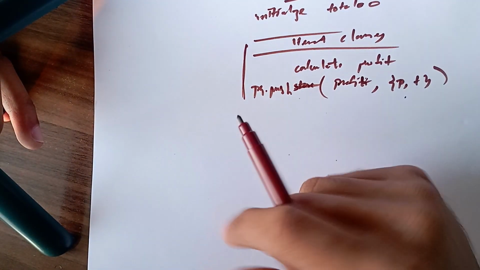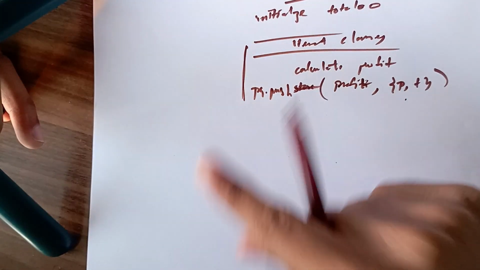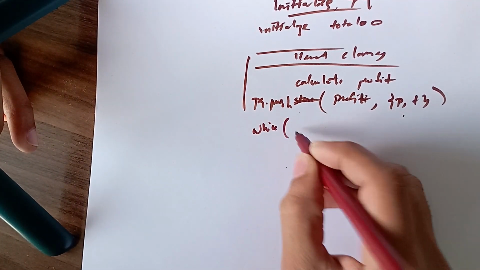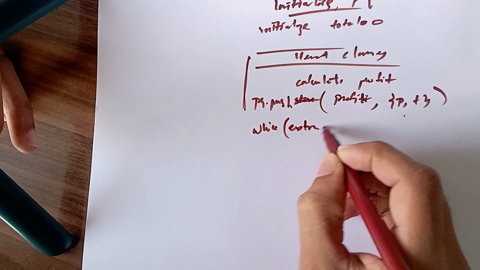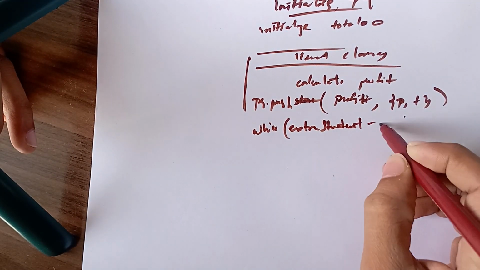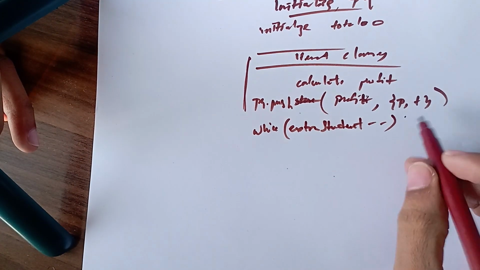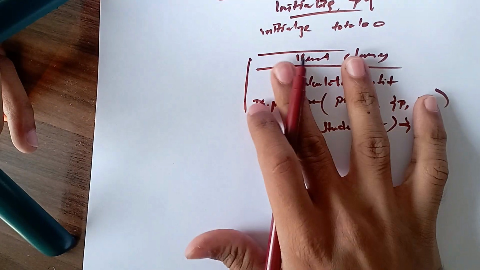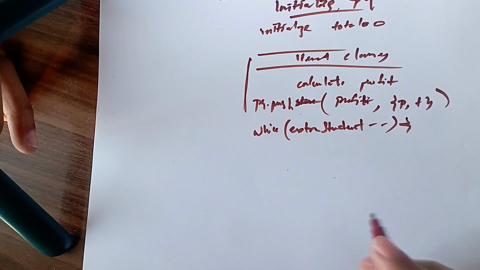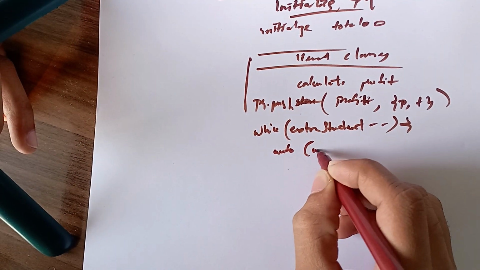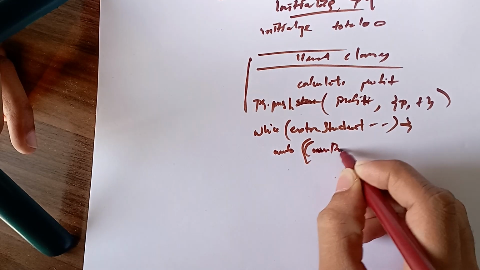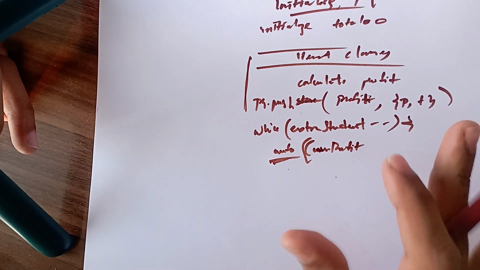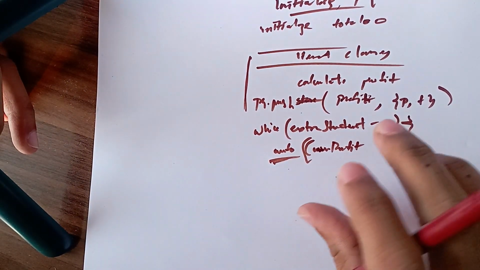And then, what will be the loop? As I said, we'll be adding one student at a time. We'll be initializing a while loop until there are no extra students. So extra students minus minus, that means it will be decrementing one by one for every iteration. Now, auto current profit, class. Auto will be used for automated declaration of the data types.